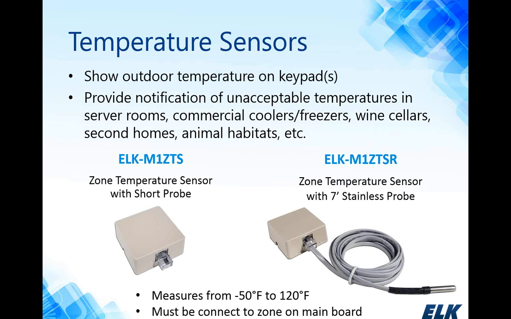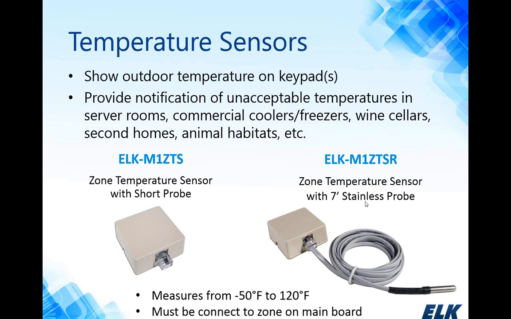But the temperature sensors allow you to show, say for instance with the probe there, the outdoor temperature on a keypad, or you can use the sensors to monitor, say, server rooms, wine cellars, attics, crawl spaces, or just the ambient temperature in an unoccupied area. You can use rules based upon the temperature settings to do different events, to turn on relays, turn on fans, call somebody, send a text message, and so forth, once the temperature reaches either above or below a set point within your rule.